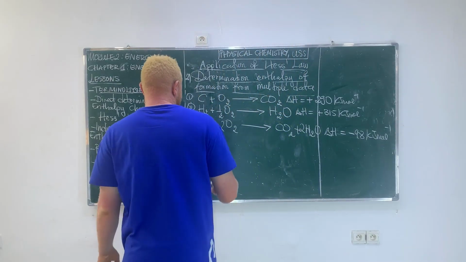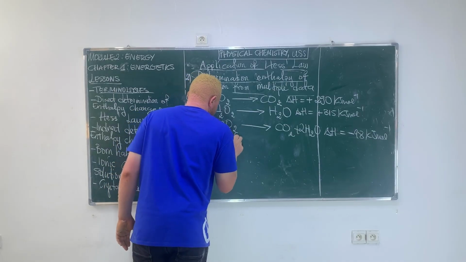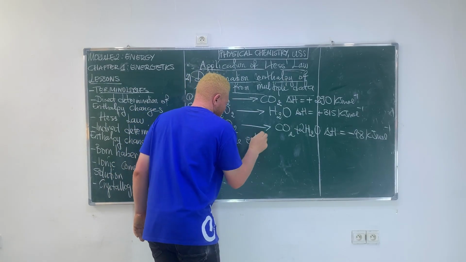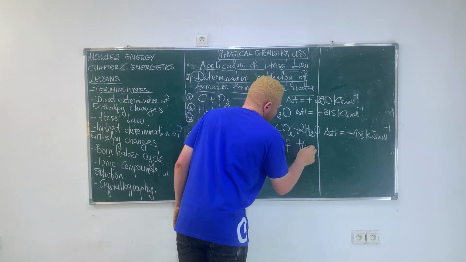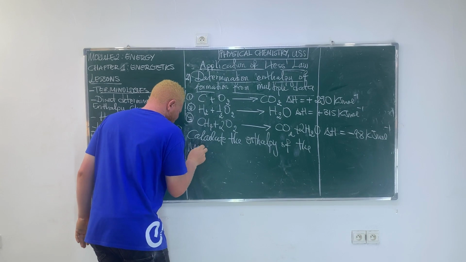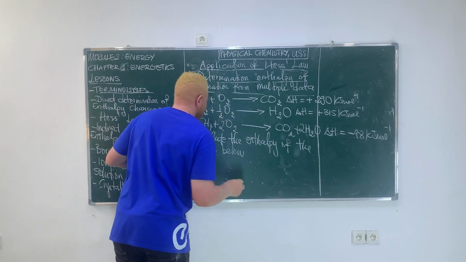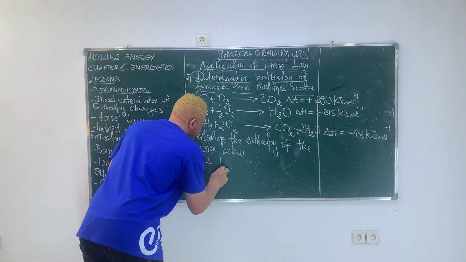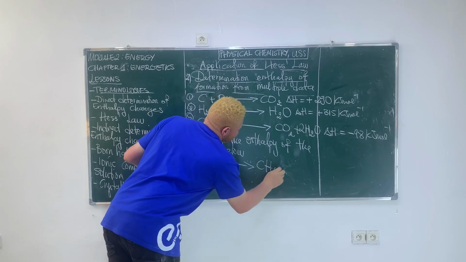So this is the equation. Calculate the enthalpy of the reaction below. You have C plus 2 H2 giving CH4.